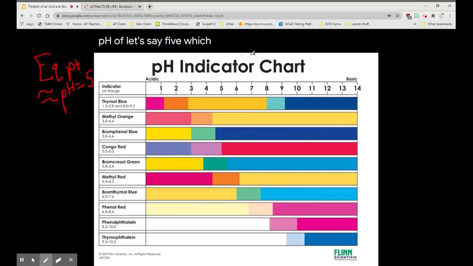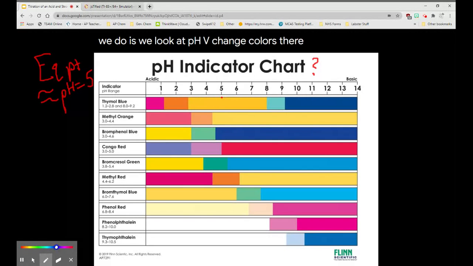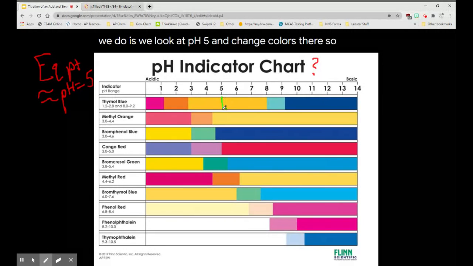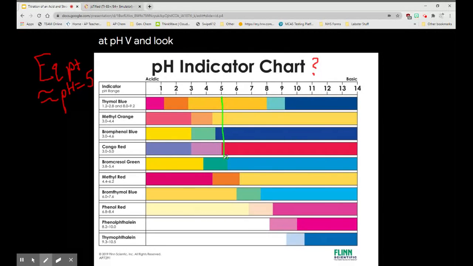Which indicator would we use? So what we'd do is we'd look at pH 5, and change colors there. So we'd look at pH 5 and look for an indicator, we'll pretend it's a straight line, that has a change at or just around that.